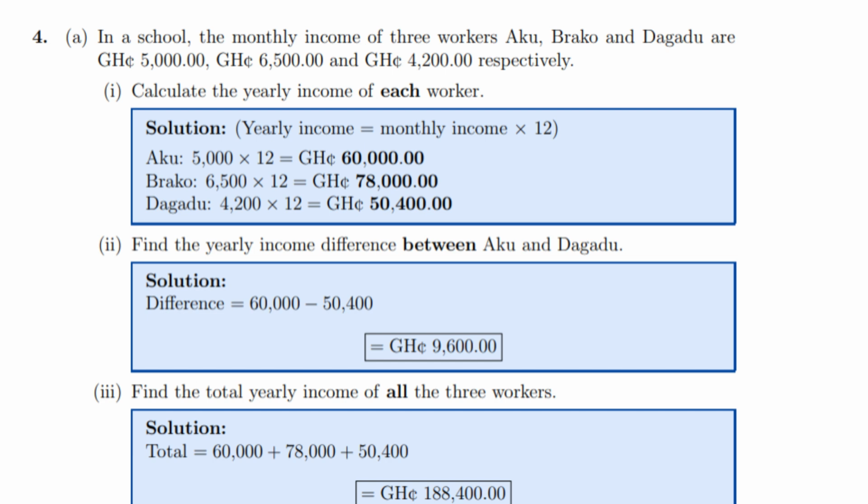So Aku is 60,000, then Dagadu is 50,400. Subtract this from that, you get 9,600. Then also find the total yearly income of all these workers. Let's add all this together, then we get 188,400.